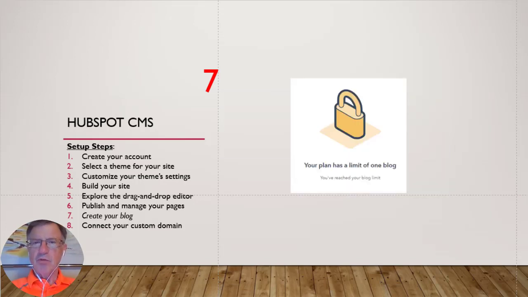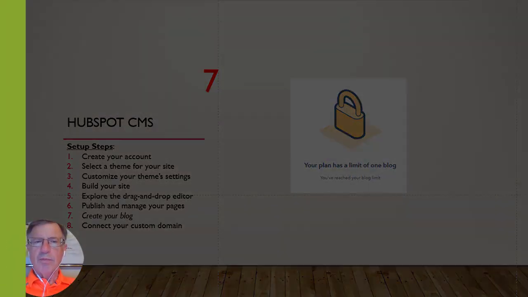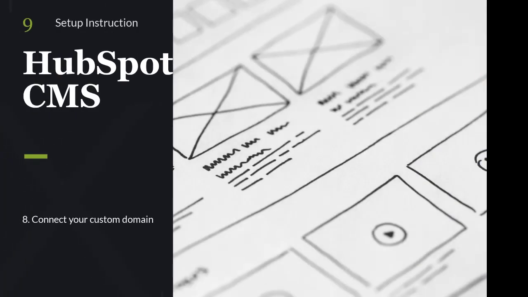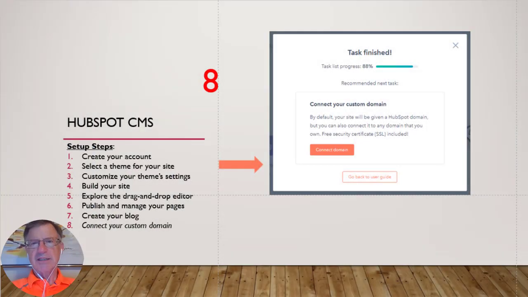The next thing to move on to will be to create a custom domain. So if you already have a website or you already have a domain, you can connect this website with your domain.